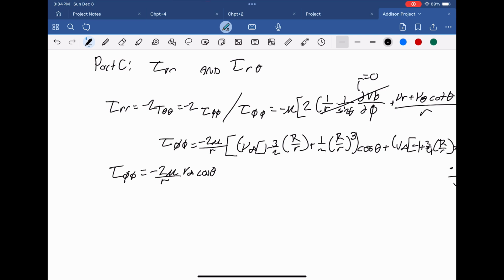We're going to pull that out of the equation and simplify it down to just 1 minus 3/2 r over r plus 1/2 r over r cubed, plus negative 1 plus 3/4 r over r plus 1/4 r over r cubed.